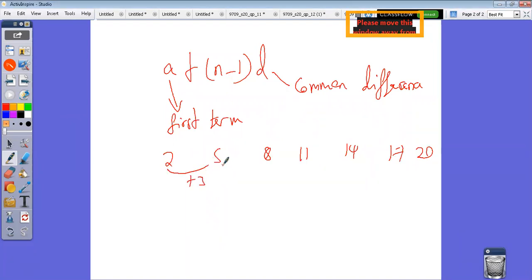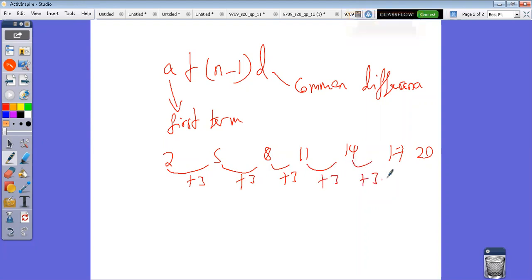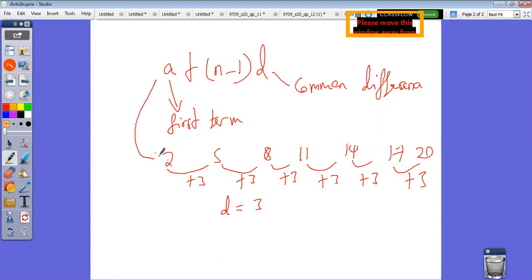Plus 3, plus 3, plus 3, plus 3, plus 3, plus 3. So my D, the common difference, is 3. What is the first term? A is the first term, 2.